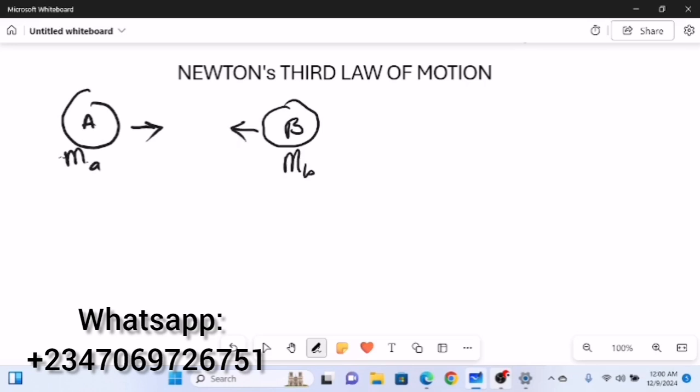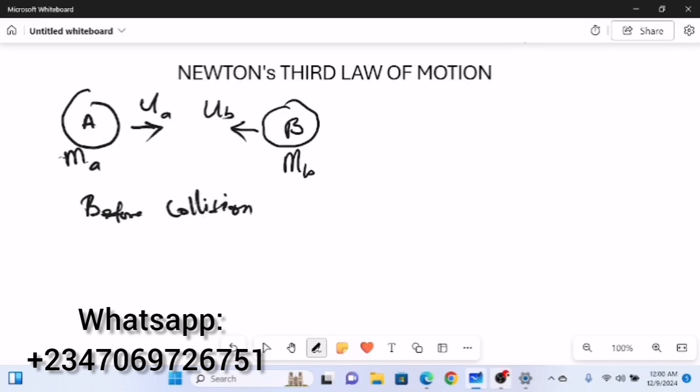Let the speed of ball A be labeled UA and the speed of ball B be labeled UB. This is before collision. So this is a situation where you have two balls moving opposite one another.